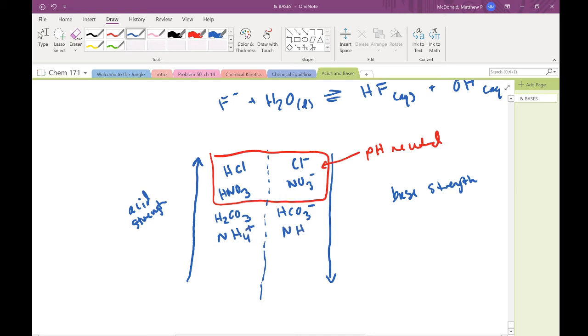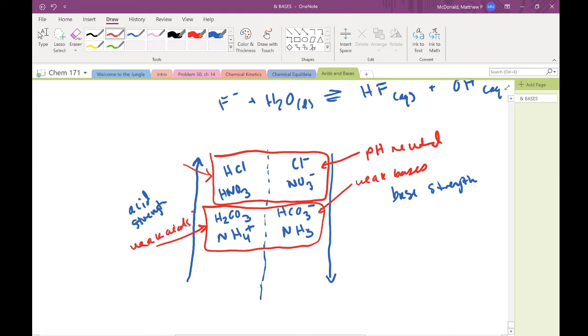And on this side, NH3. These will all form in the mid-range. These are going to be weak bases. Right, and here we have weak acids. And here we have strong acids.